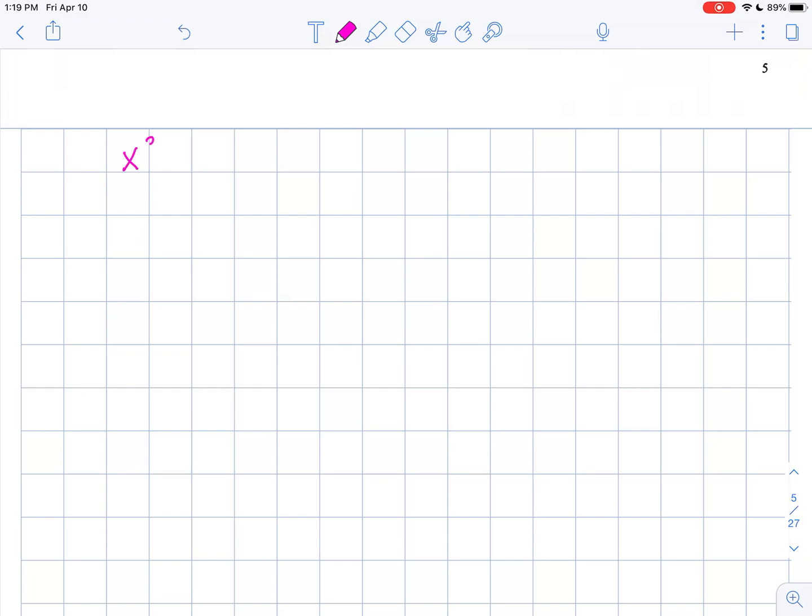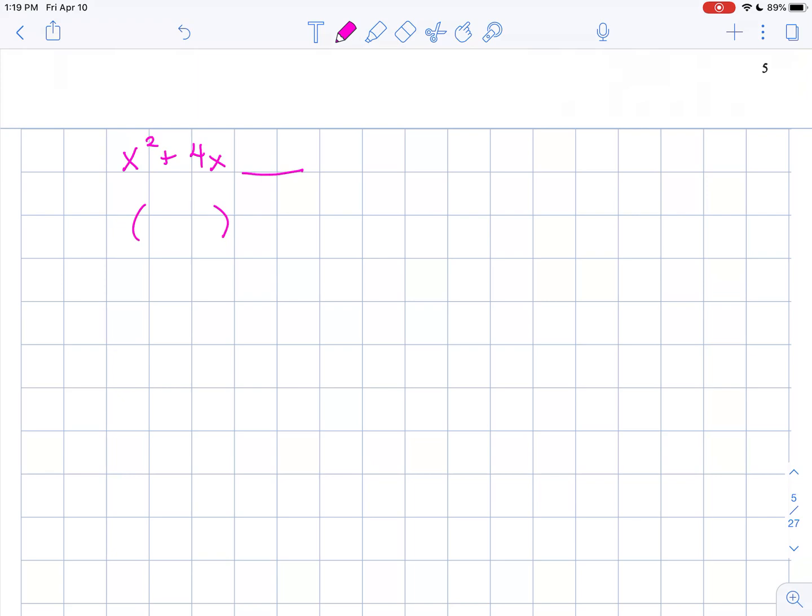Completing the square, when we learned it in Algebra 1, was to get a perfect square trinomial. For example, let's say you had ax squared plus bx, being x squared plus 4x. The question is, what do I add to that so that it completes it as a perfect square trinomial?